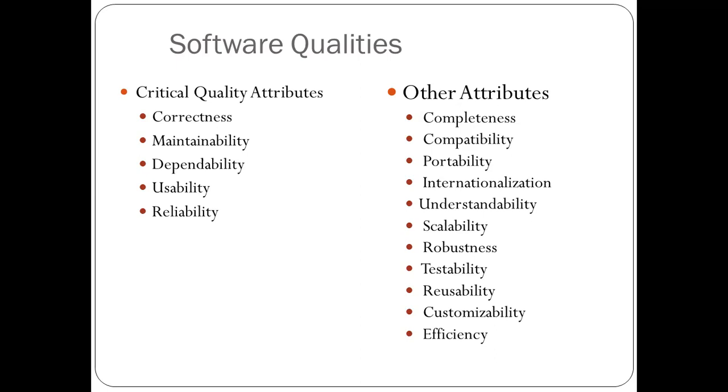It must have several quality factors, and the first one is completeness. So the software must be complete, so that it is user friendly and we can feel comfortable while working on that particular software.